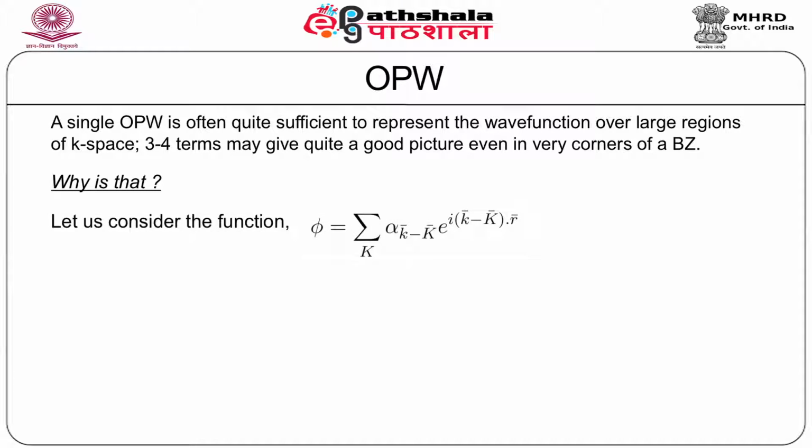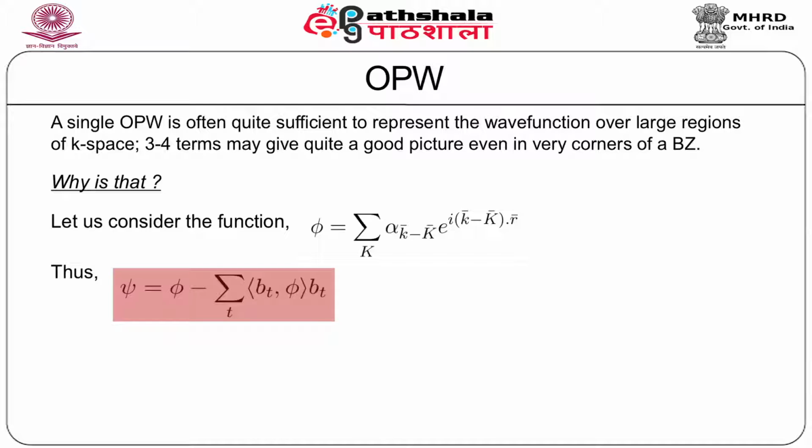Supposing that psi k is the exact wave function with some definite values of this coefficient alpha, and considering the function phi, which is given by a summation over capital K alpha times e to the power i(k minus capital K) dot r, we can write psi equal to phi minus summation over t of the product of b_t and phi times b_t, forgetting this k index at the moment.